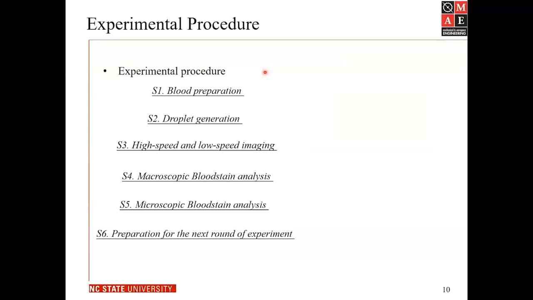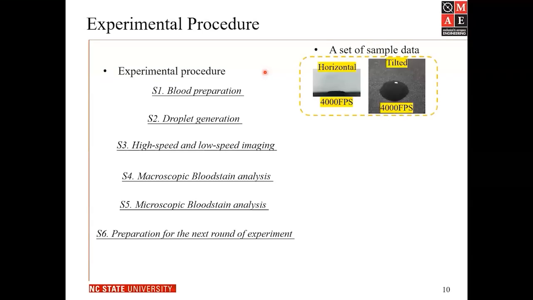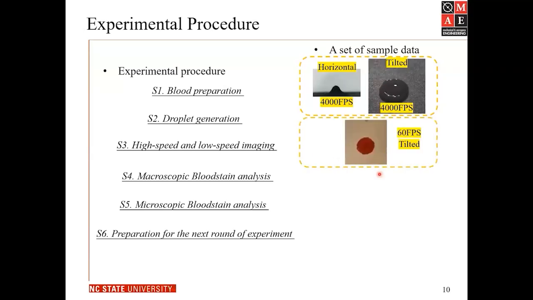Here we show you a sample data set we took for certain conditions. First, the high-speed videos help us identify the dynamic impact process, both horizontally and at the tilted angle. The tilted angle gives us a complete picture of the stain. Then we also use the slow camera to record the wicking process.